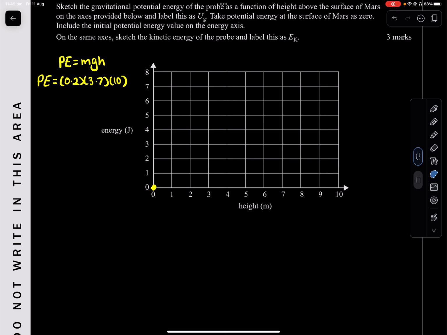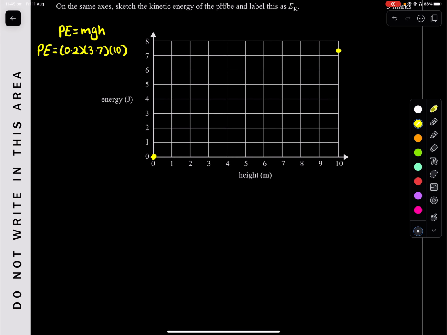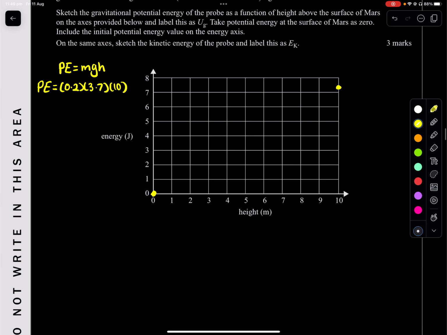Right over here, somewhere around here. Okay, that's alright. And then let me just find another point. Let's say 5. So PE is 0.2 times 3.7 times 5.